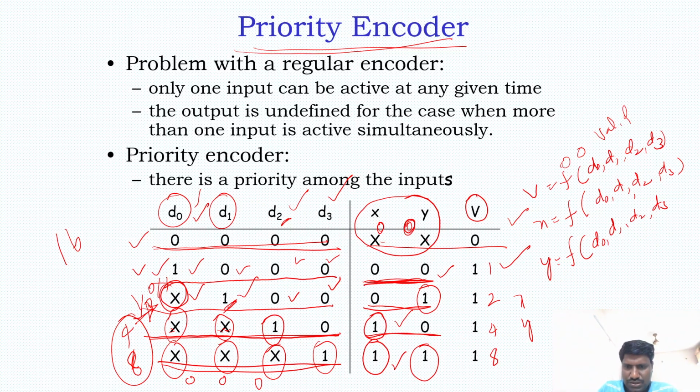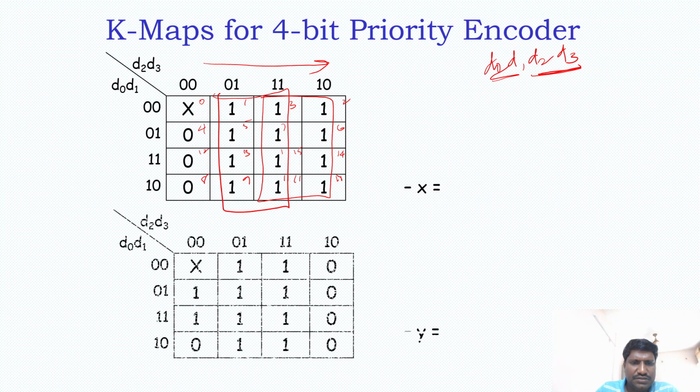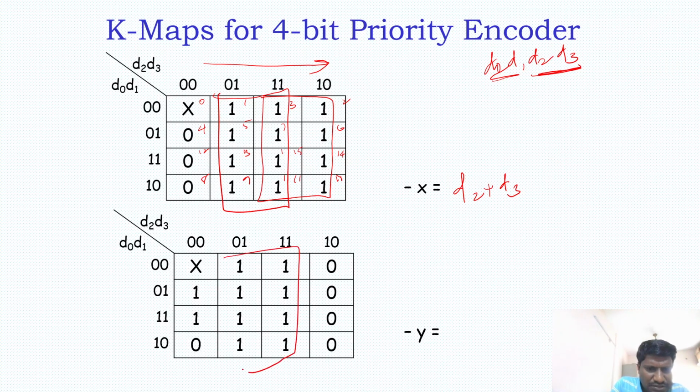So once you enter into the K-map, you will get the values for X, the values for Y. So is it not D2 plus D3? Yes. What about Y? Can I do it like this?